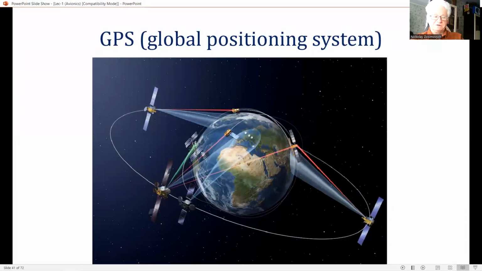The prime position fixing system is without doubt GPS, Global Positioning System. This is a satellite navigation system of outstanding accuracy, which has provided a revolutionary advance in navigation capability since the system started to come into full operation in 1989.